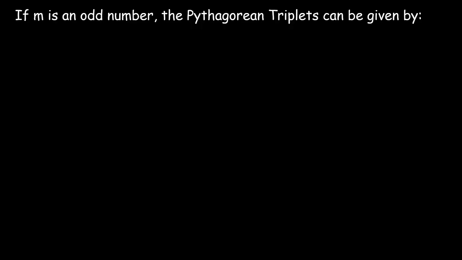So let's look at this. You can also pause the video and jot it down. If m is an odd number, the Pythagorean triplets can be directly given by (m square minus 1) by 2 and (m square plus 1) by 2. For example, we again take 7, which failed with the last attempt that we did.